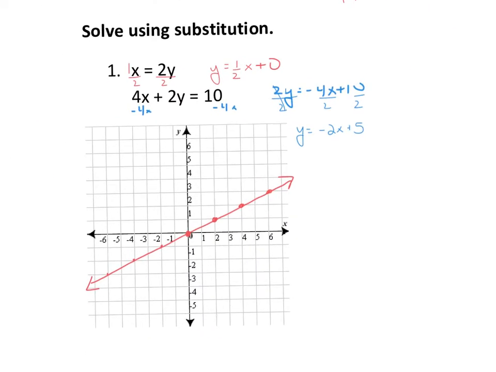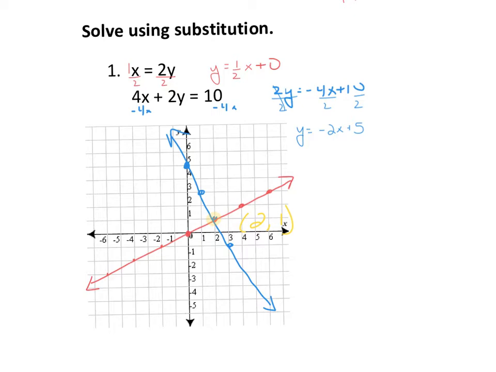Now when we graph this, we start up at 5, with a slope of negative 2: down 2, right 1, down 2, right 1. Then I draw my line there. I have this crossing right here at the coordinate point (2, 1).